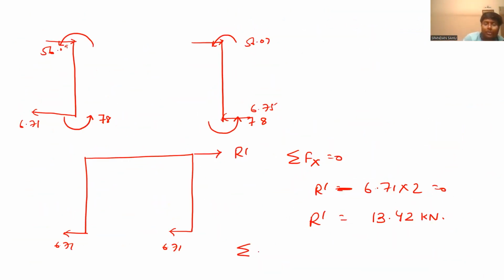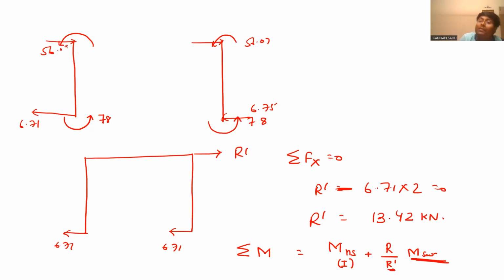Now your summation of actual moment will be the moment due to the non-sway case, that is the first one, plus R by R dash into the moment due to sway. Now check. You got this moment considering 100 kilonewton meter as the assumption, due to which you got the reaction to be 13.42.